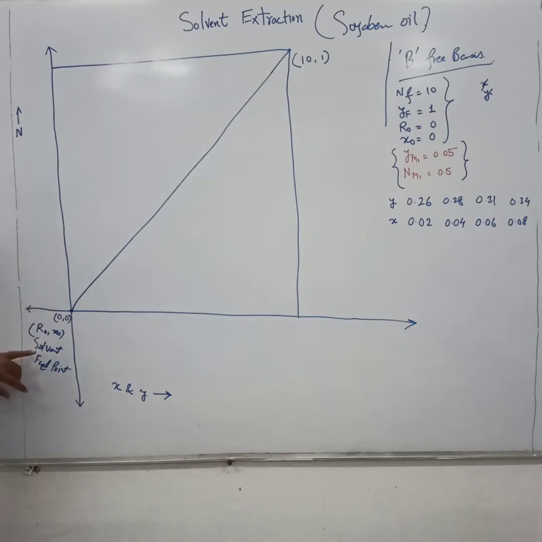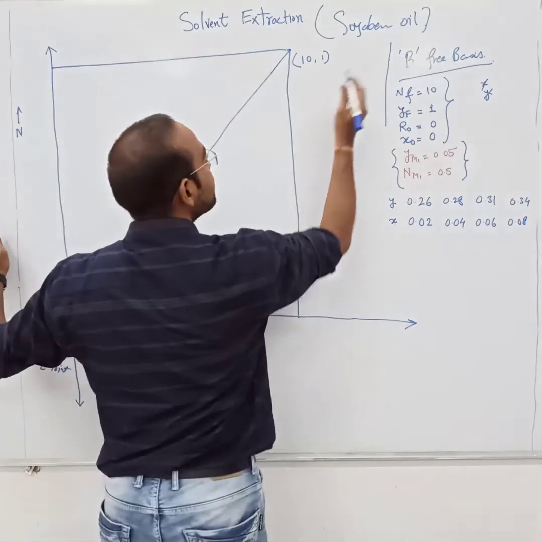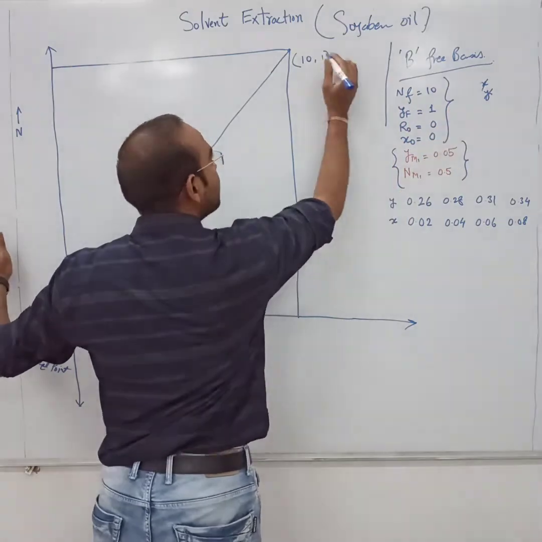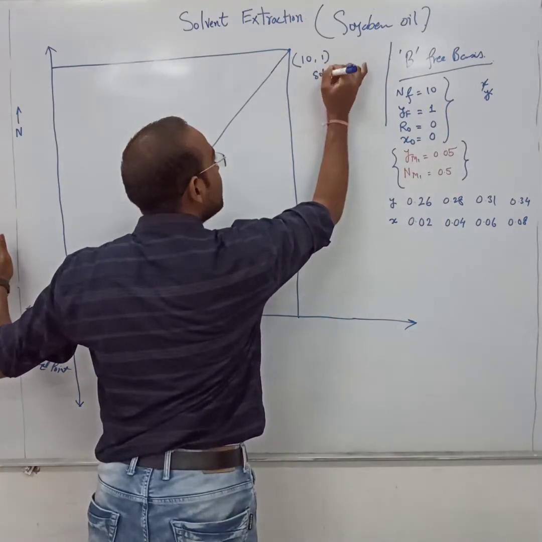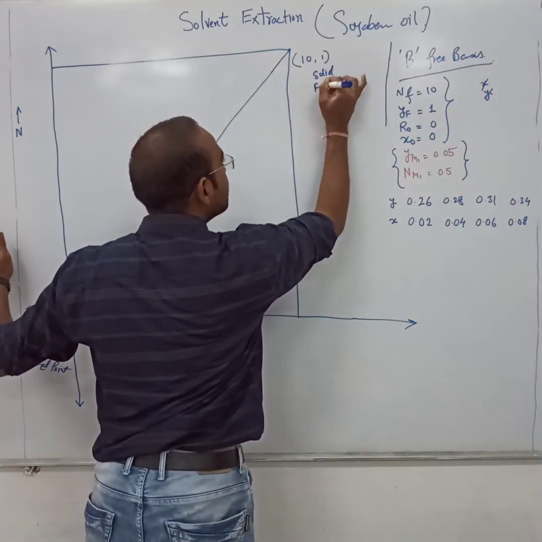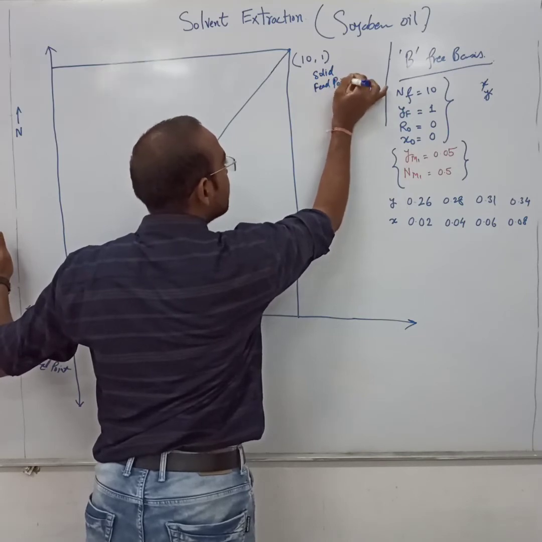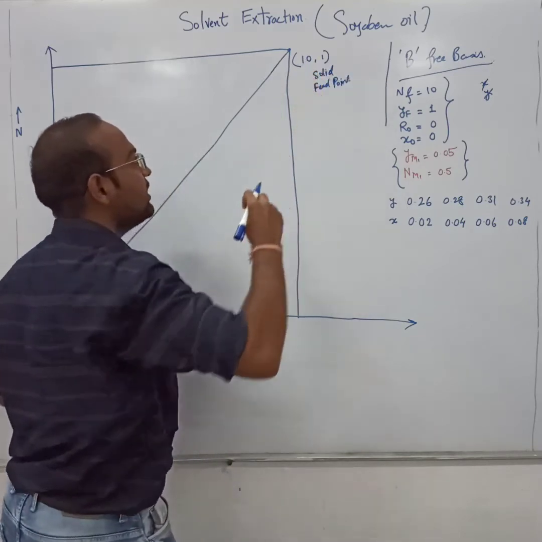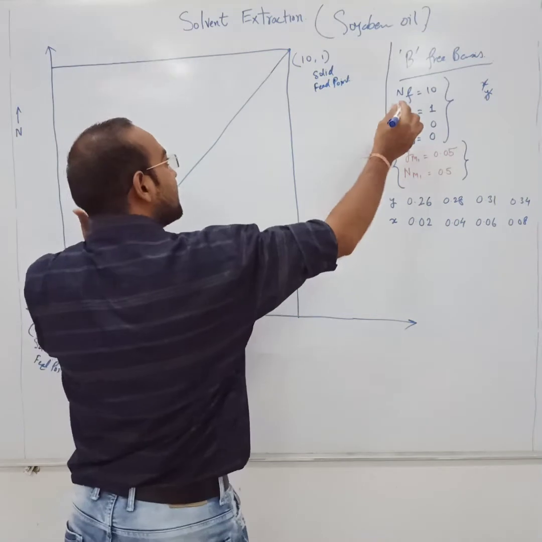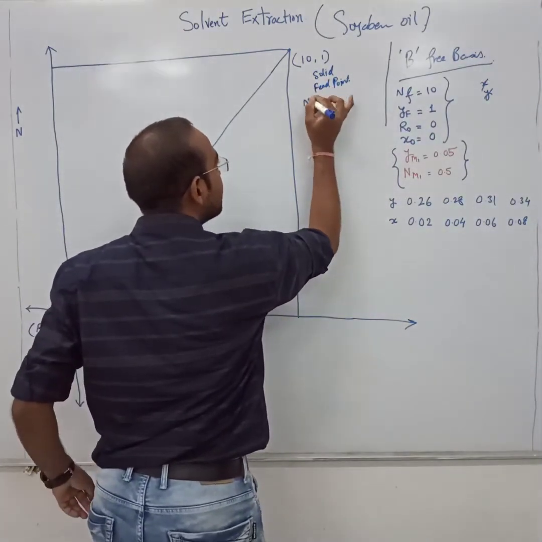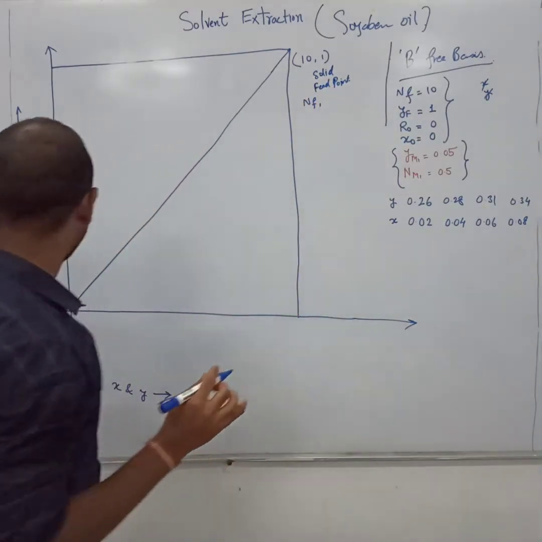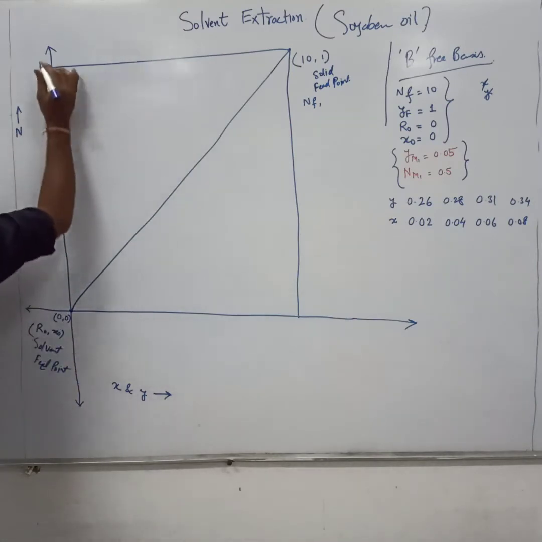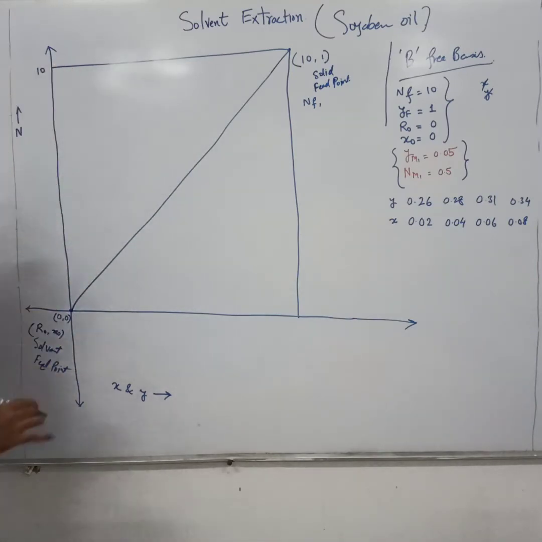It means when you use fresh solvent, what are the values of R0 and x0? It will become 0, 0, and this is your solid feed point. When your feed has just entered, what are the values? That is NF, capital N. This is the value of NF. This is 10.